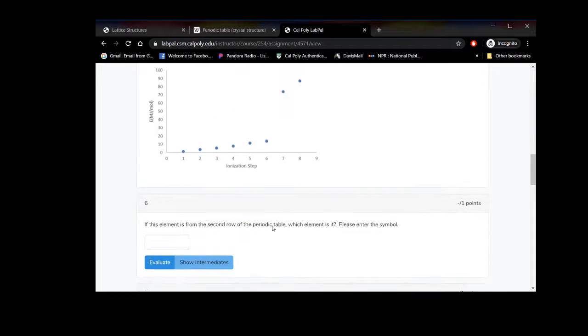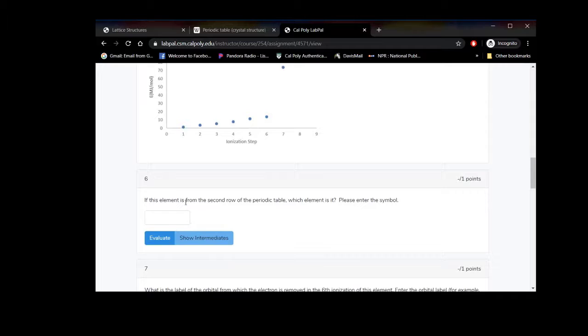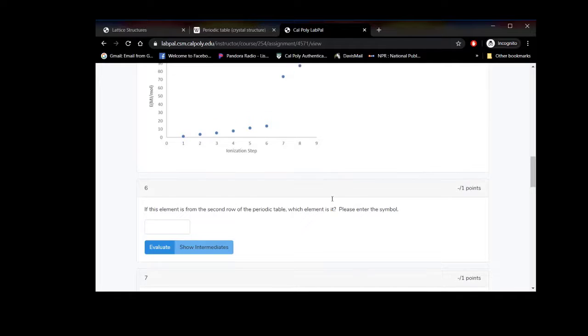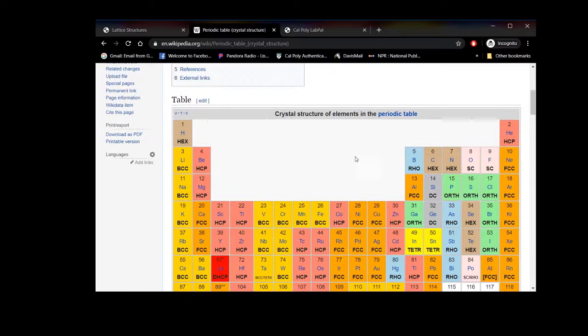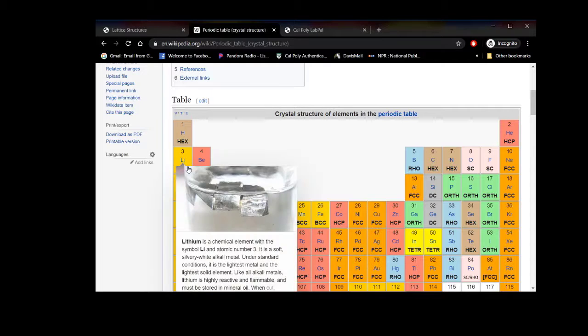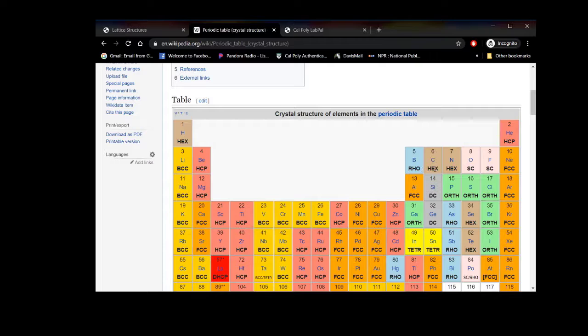So let's go ahead and look at problem 6. It says, if the element is in the second row of the periodic table, which element is it? I'm going to look at my periodic table, the crystal structure periodic table. If I'm in the second row, I'm going to lose 6 electrons easily, so I count over 6. 1, 2, 3, 4, 5.